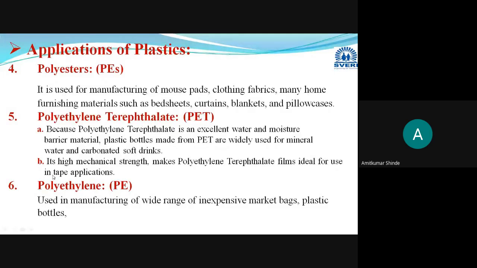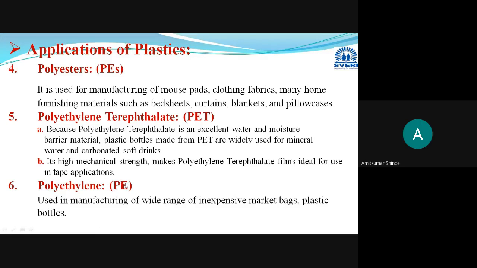It is used in the manufacturing of tapes and plastic bottles. For plastic bottles, it acts as a barrier material for moisture, and it also has excellent tensile strength, which is why it is used for tapes also. Then next is polyethylene.